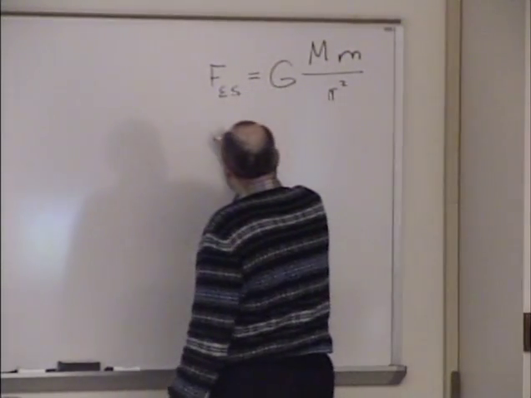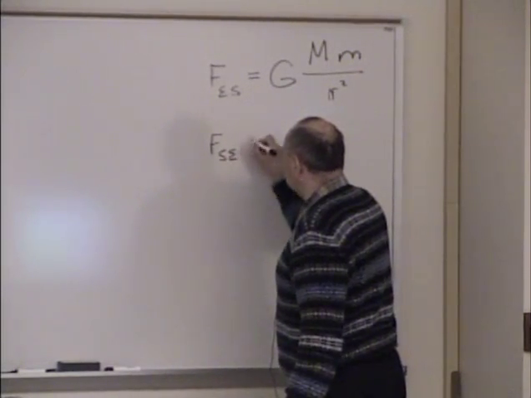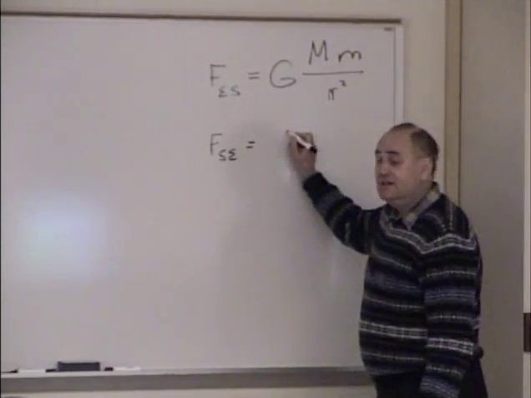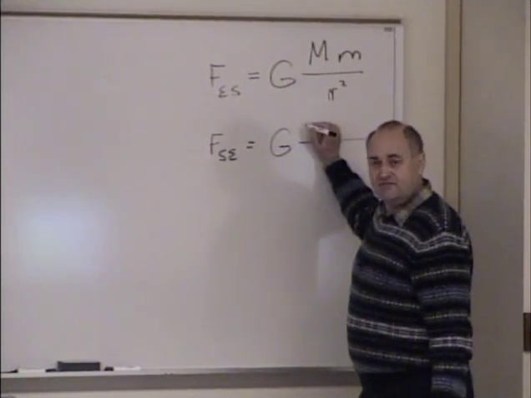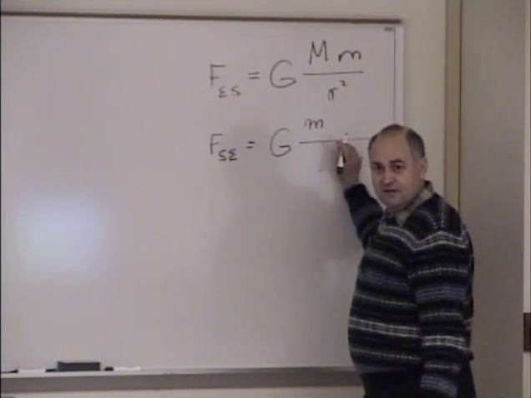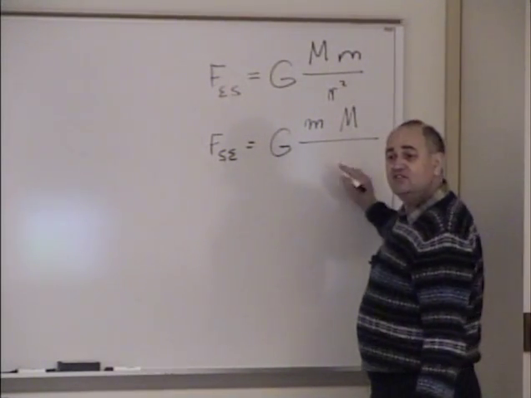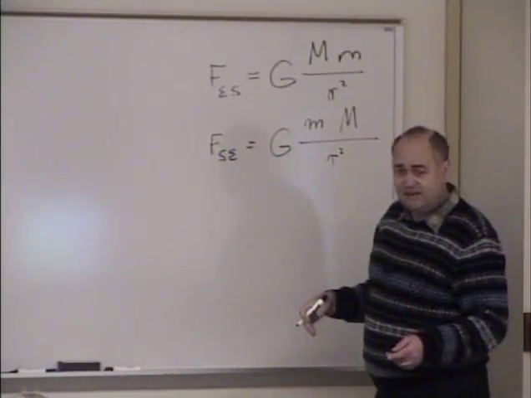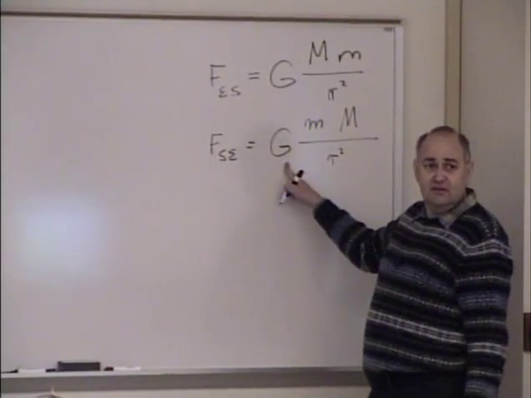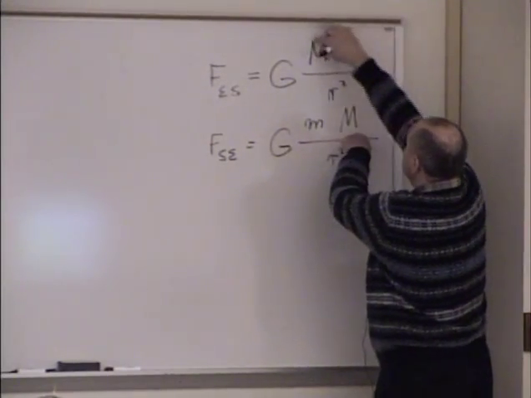Let's figure out the expression for the force exerted by the satellite on the Earth. It is the gravitational constant, mass of the first object, mass of the second object, divided by the distance between the two objects squared. The distances happen to be the same. Gravitational constants are the same. Now this value is equal to that value.